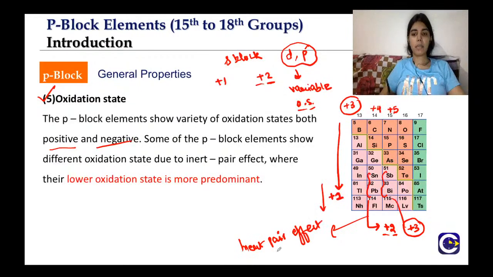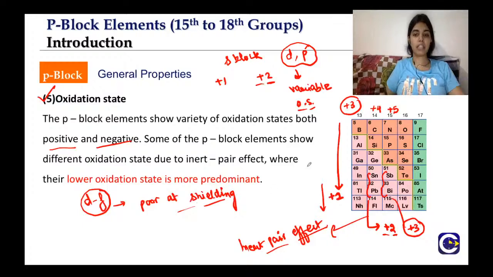Why is the inert pair effect shown by the elements at the bottom of the group, the heavier elements? Because d and f orbitals start filling, and d and f orbitals are poor at shielding. So they cannot shield the s electrons present in the outermost orbital, and therefore the attraction between the outer s orbital and the nucleus is more.